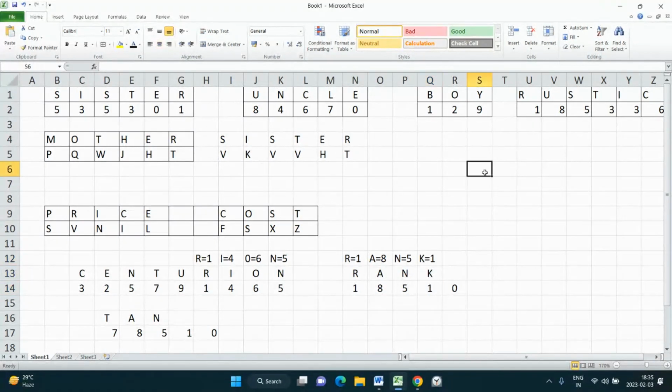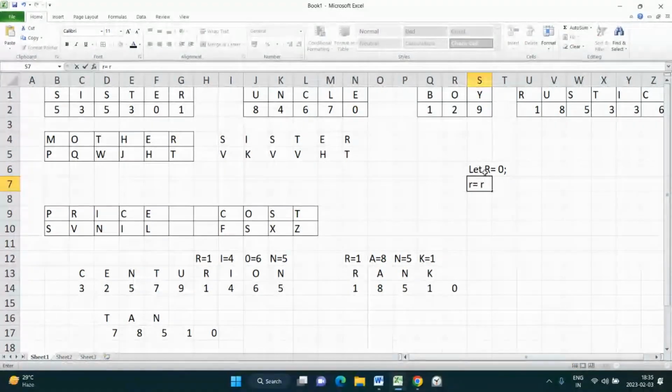You would have seen in your program, in some programs, let R is equal to 0. Then you will say R is equal to R plus 1. Correct? R is equal to R plus 1. This program code you have seen, right?